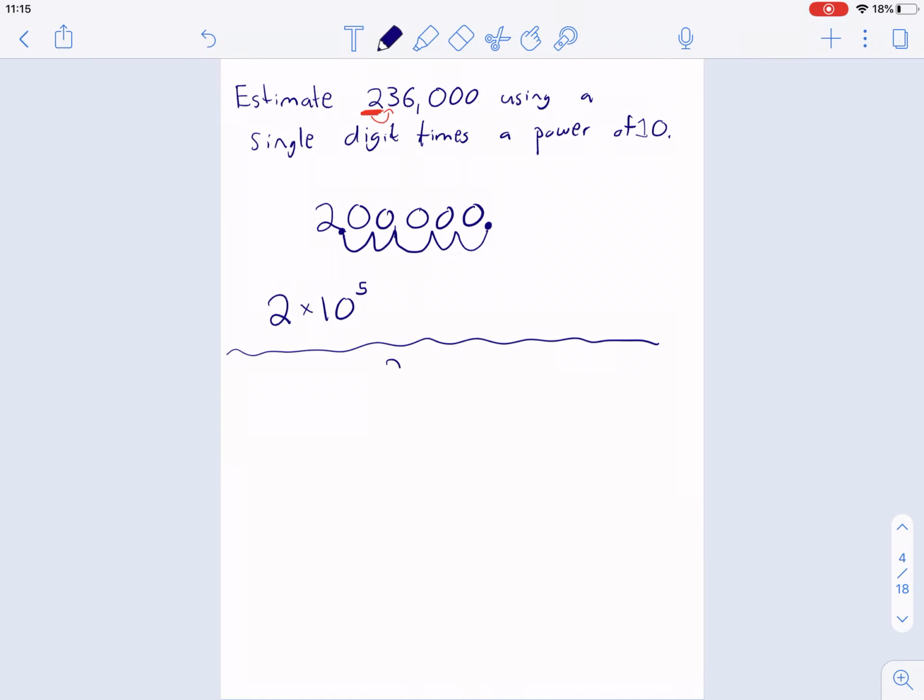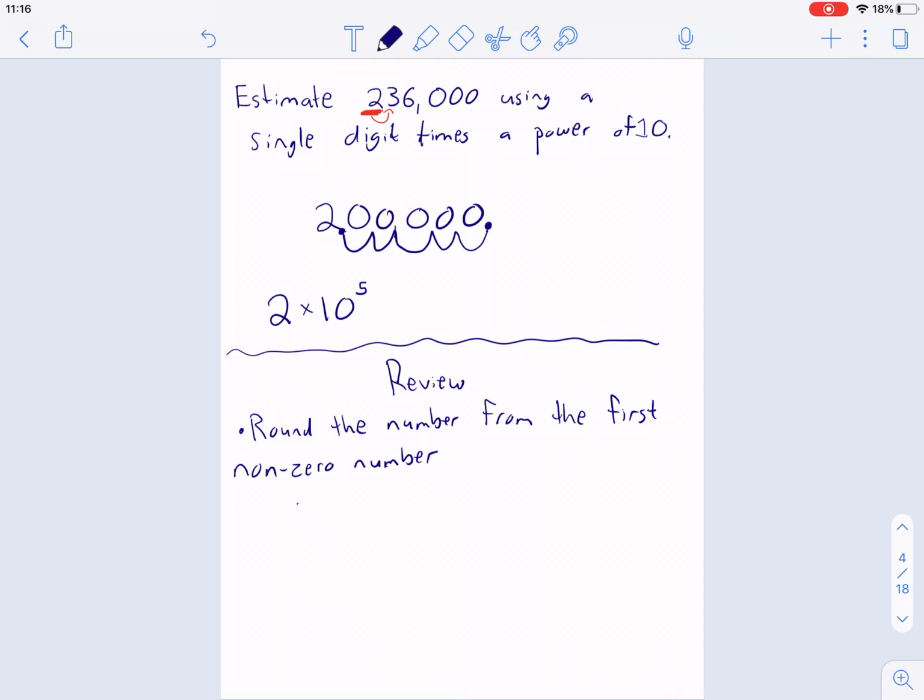Now, as our review for this lesson, our first step is to round the number from the first non-zero number.